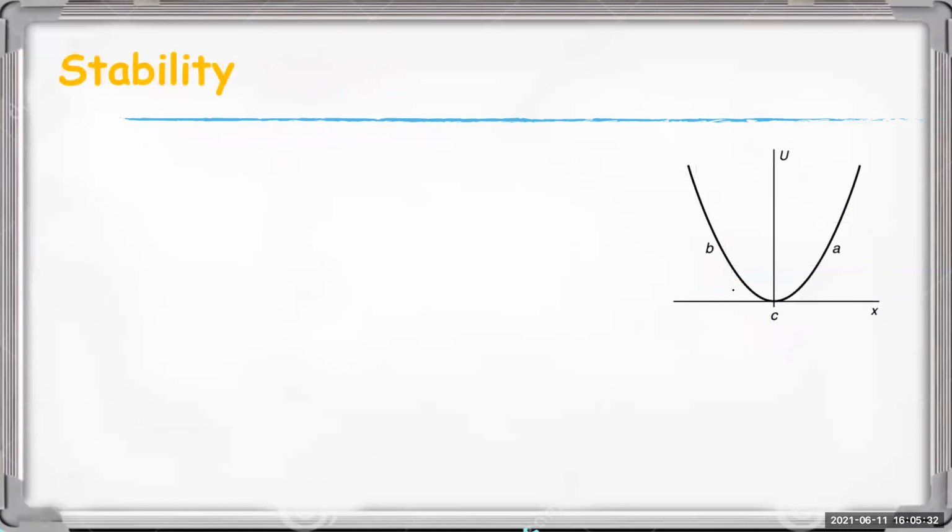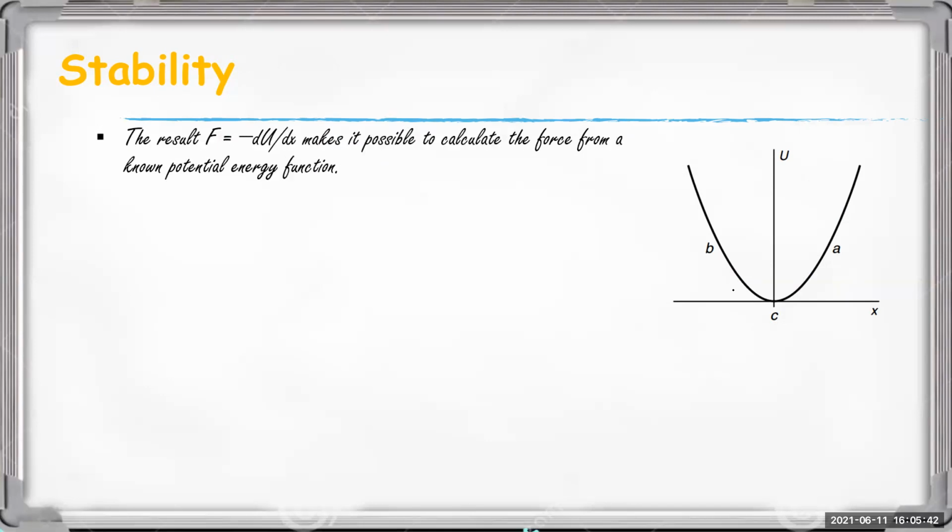Now we are going to the stability analysis. When we discussed the topic of potential energy and forces, we obtained the result F is equal to minus dU divided by dx.